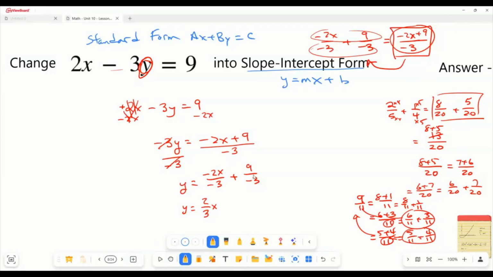Plus 9 divided by -3 is -3. Y equals mx plus b. Slope is 2/3. Y-intercept is -3.